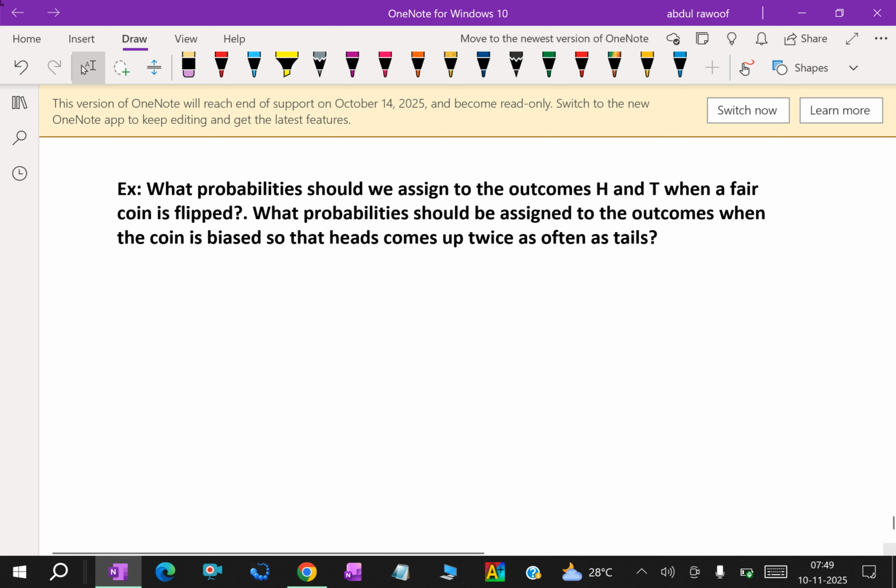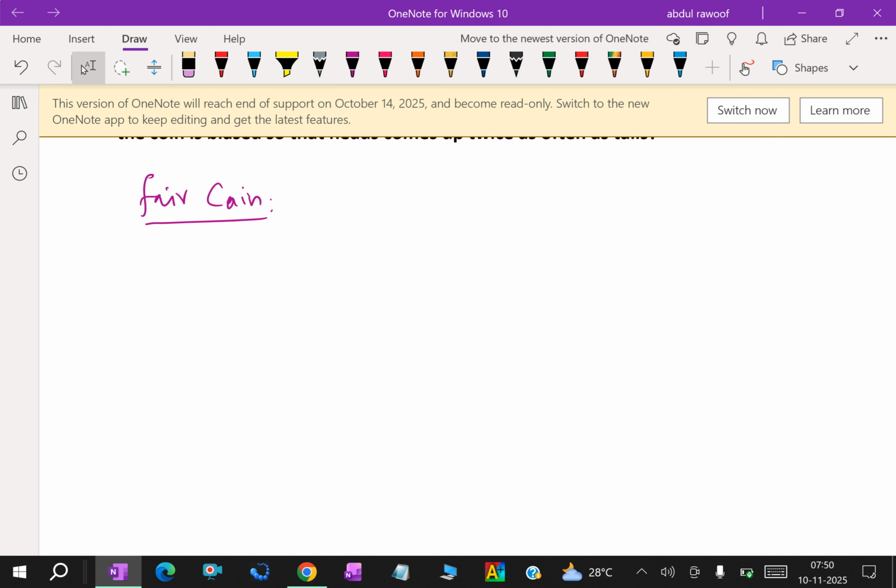First is the fair coin. In a fair coin, the probability of getting heads equals the probability of getting tails, equal to half, because with a fair coin both have equal chances.